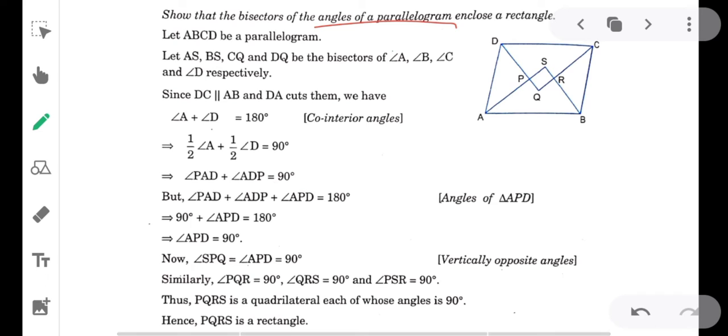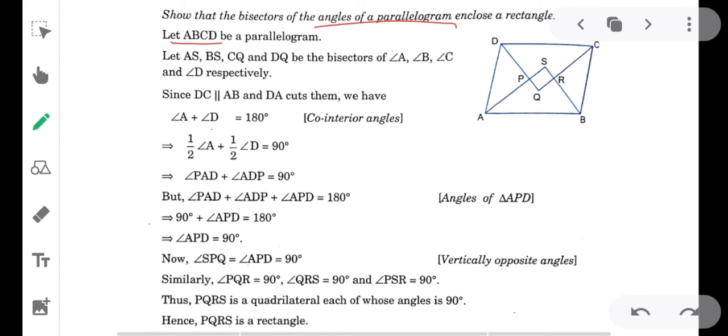So AS is the bisector of angle A, BS is the bisector of angle B, CQ is the bisector of angle C, and DQ is the bisector of angle D. Now to show that PQRS is a rectangle, we have to show that each angle is 90 degrees in the quadrilateral PQRS. Then it will be a rectangle.